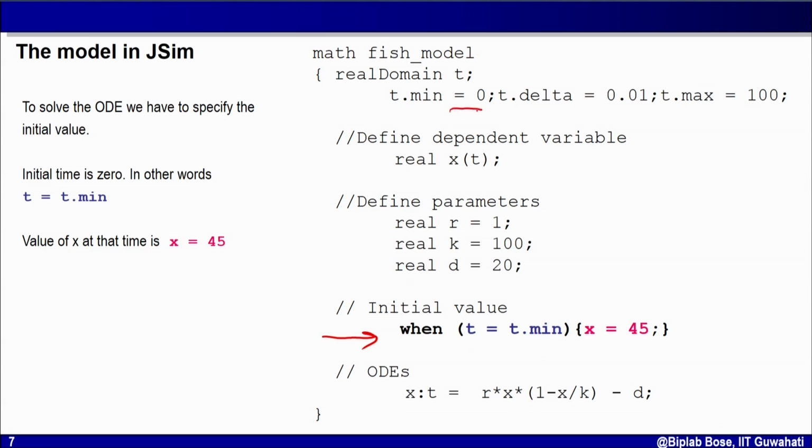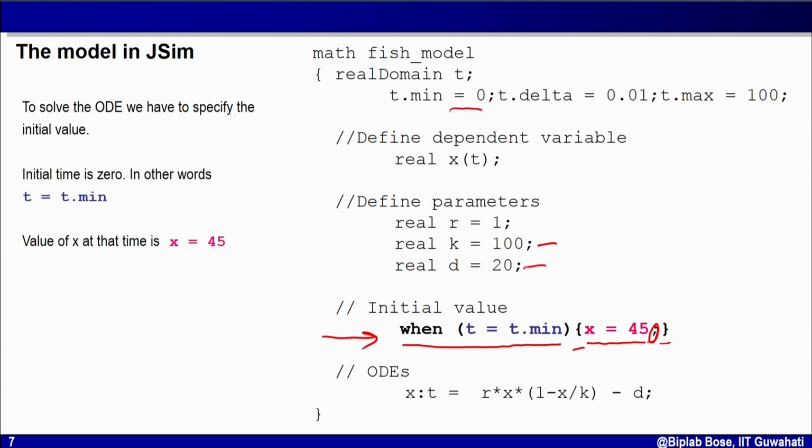T min is 0. So this line is telling that when t equal to 0, the value of x is equal to 45. That means I am telling there are 45 fishes in the tank at t equal to 0. Note that this value is within a curly bracket and I have a semicolon here.